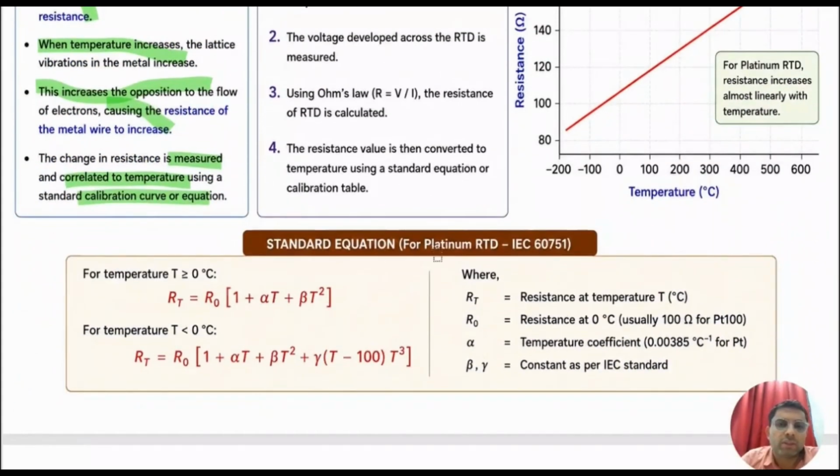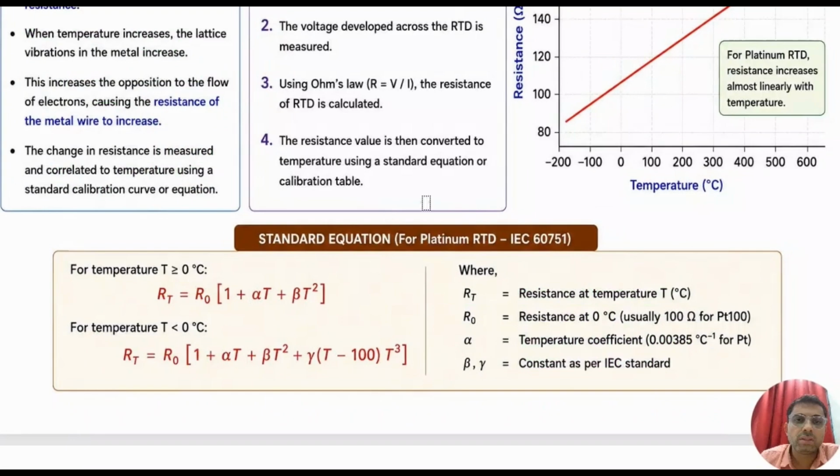This one: RT equals R0 into 1 plus alpha T plus beta T square. RT is the resistance at temperature T. R0 is the resistance at 0 degrees Celsius. Alpha is the temperature coefficient, and its value is 0.00385. Beta and gamma are constants as per the IEC standard. In the examination, this formula is also important. For temperature less than 0, this is the formula, and for temperature greater than 0, this is the formula.